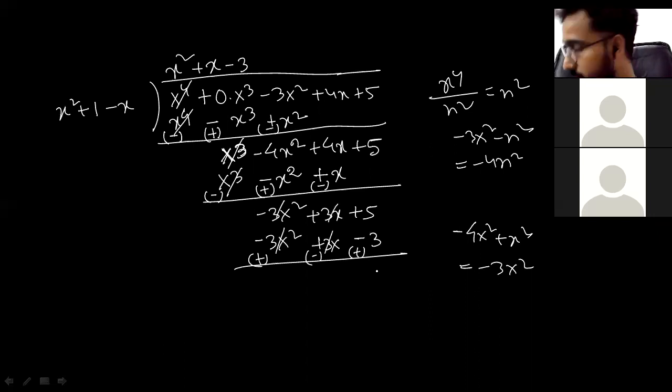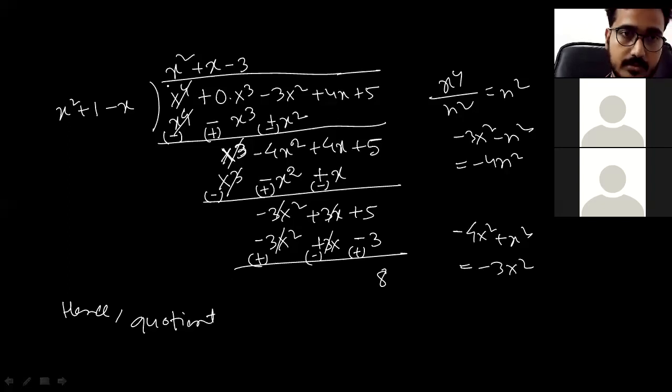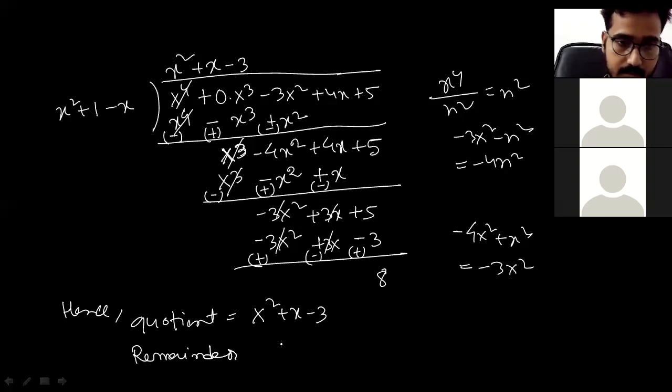It will be 5 plus 3, it will be your 8. So hence you are asked to find the quotient and remainder. The quotient will be x square plus x minus 3, and the remainder will be 8. So this is your answer.